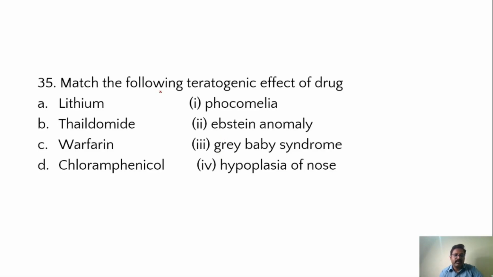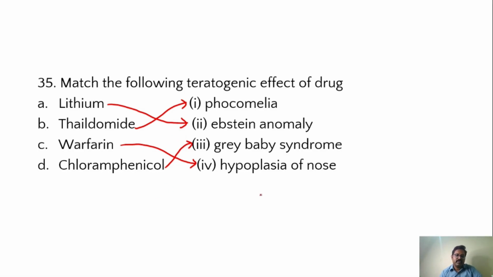So next, match the following. The teratogenic effects of the respective drugs have to be matched. Lithium will cause Ebstein anomaly. Thalidomide will cause phocomelia. Warfarin will cause hypoplasia of the nose. Chloramphenicol will cause gray baby syndrome.